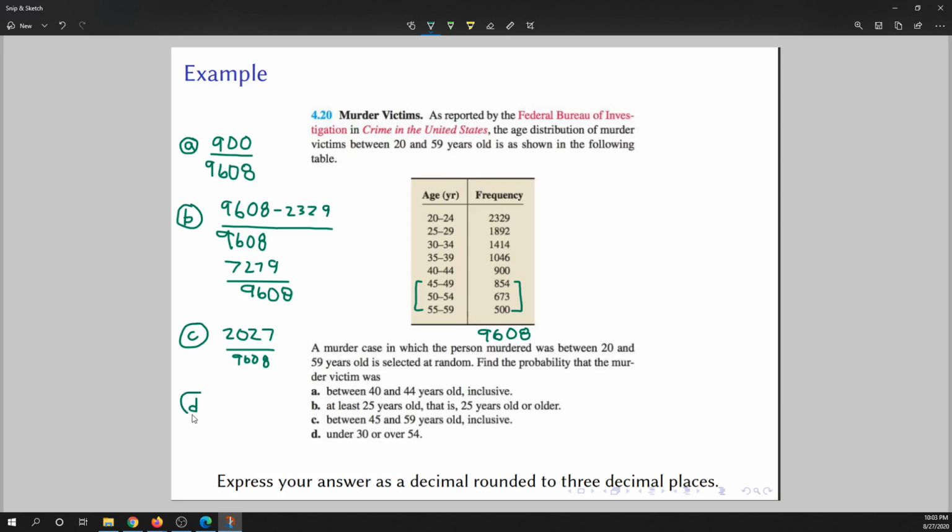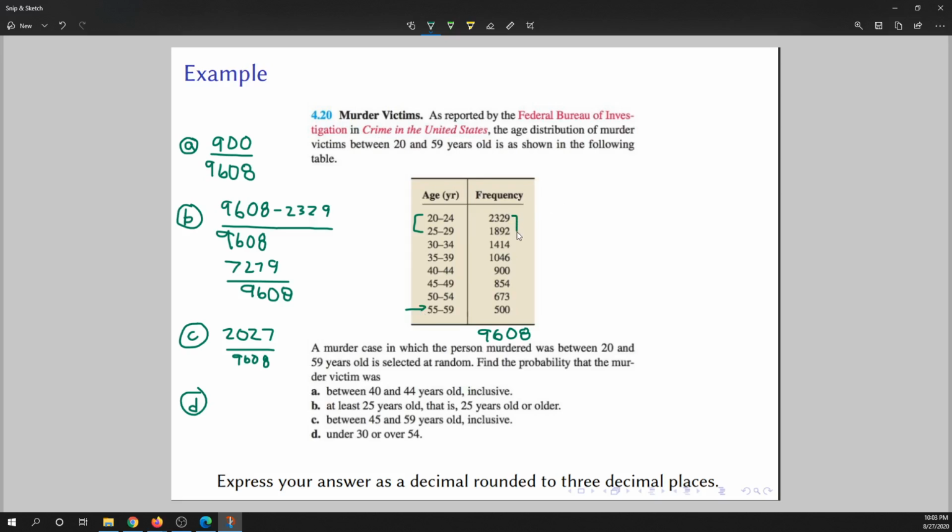All right, for part D, they want to know the probability that the randomly selected case involves a victim who is under 30 or over 54. So that's going to include under 30, which would include these two, and then over 54 would include this one right here.